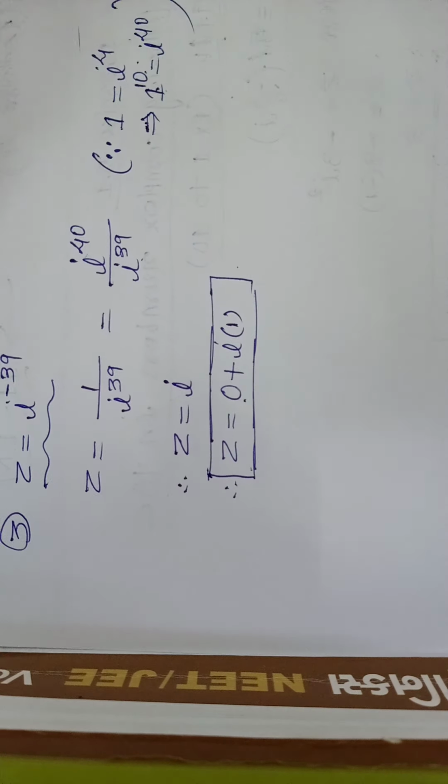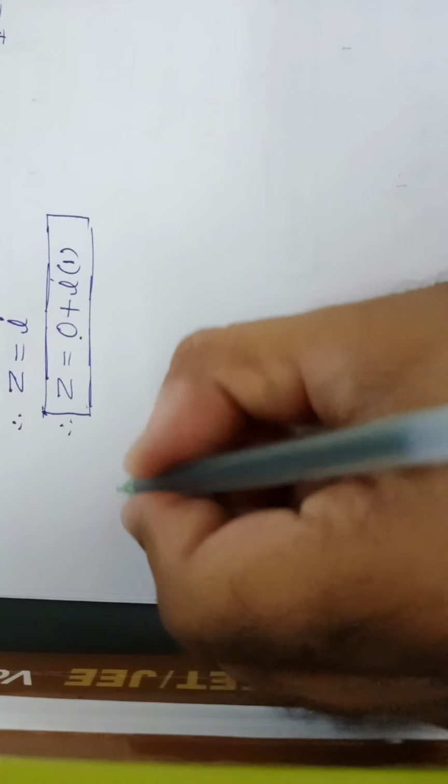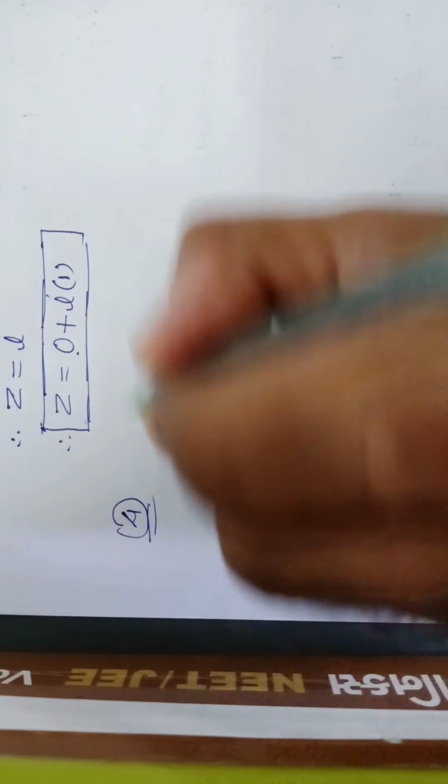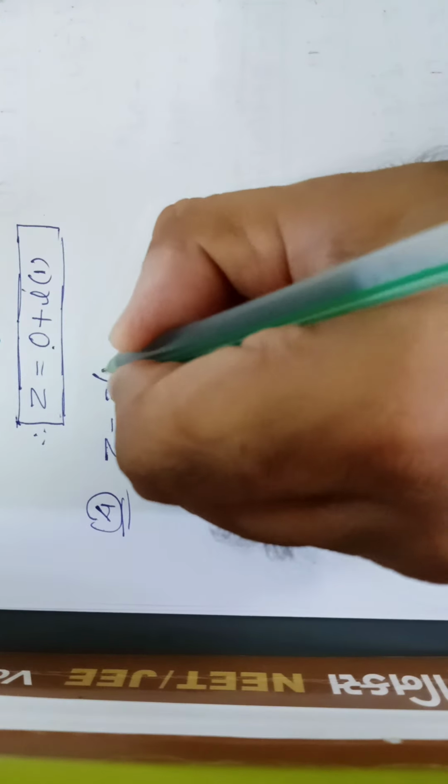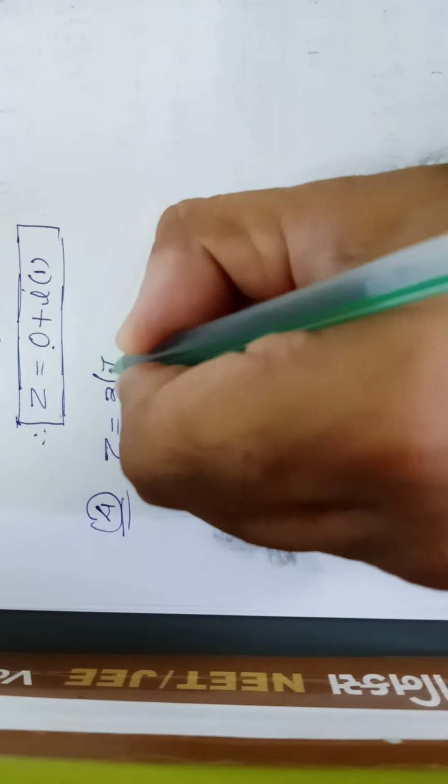We may write this. Now the fourth question is, Z is equal to 3 into 7 plus I7, plus I into 7 plus I7 once again.